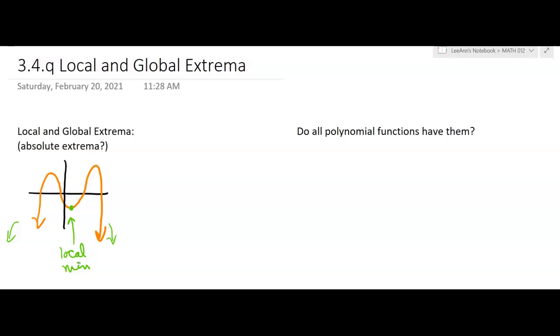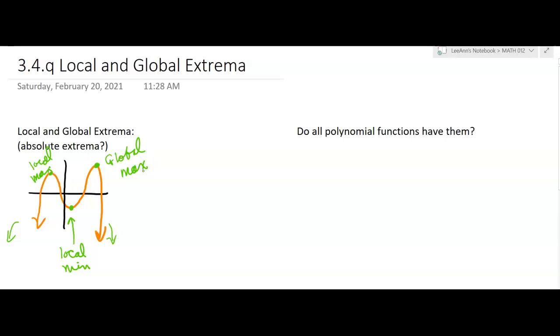So you'll notice I have two other extrema, or maxes, that's what I want to say. This would be a local max. But this one here is even higher, and it's the highest point. That would be a global max.